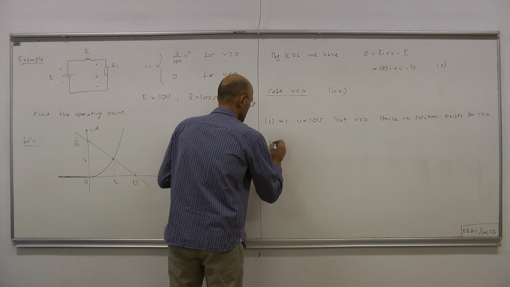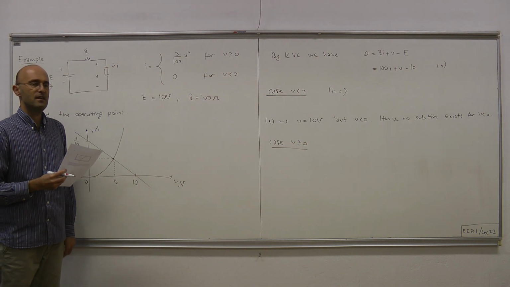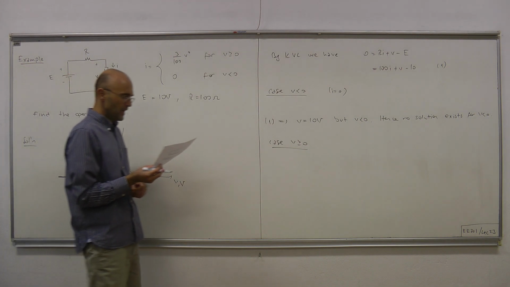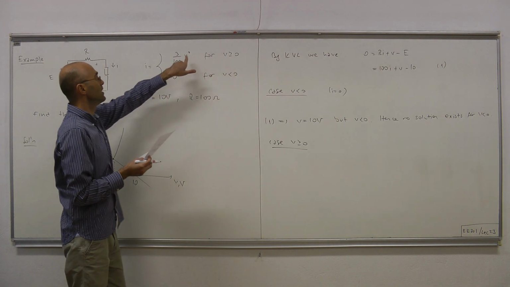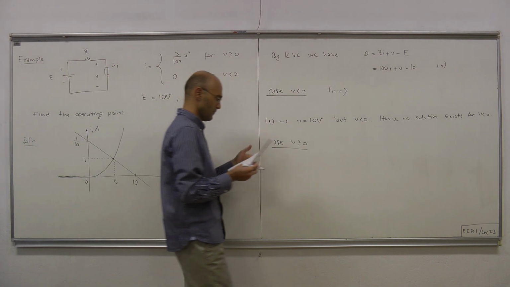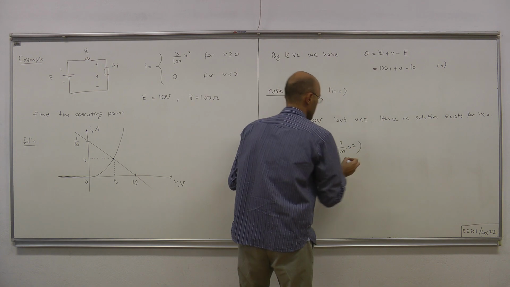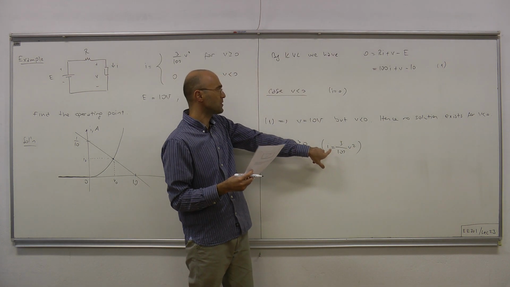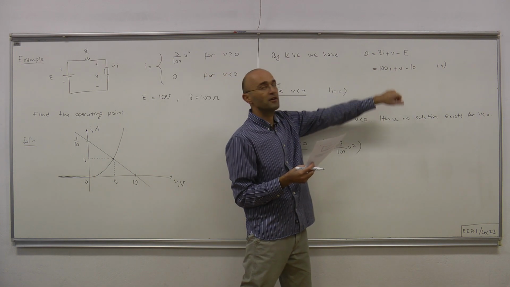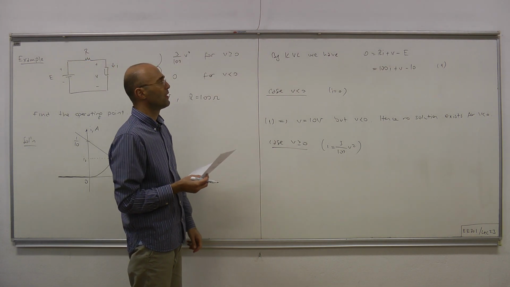So now consider the other possibility where V is zero or positive, where V is not negative. In this case, the current in terms of voltage is 3/100 V squared, I equals 0.03 V squared. So we're going to replace this I in the load line equation with this expression and obtain a quadratic equation in terms of V, which would have two roots.